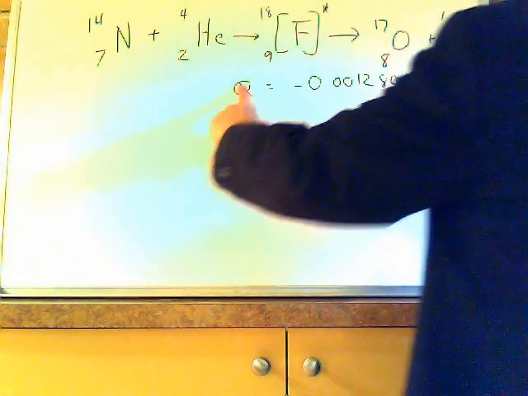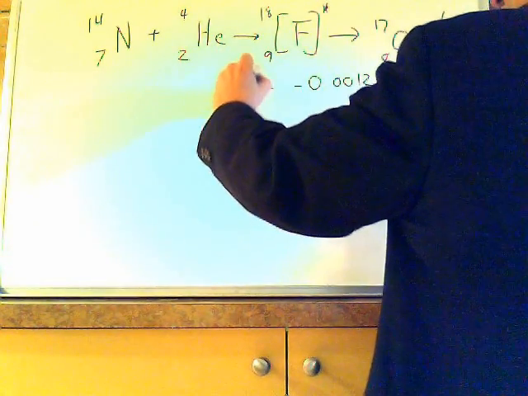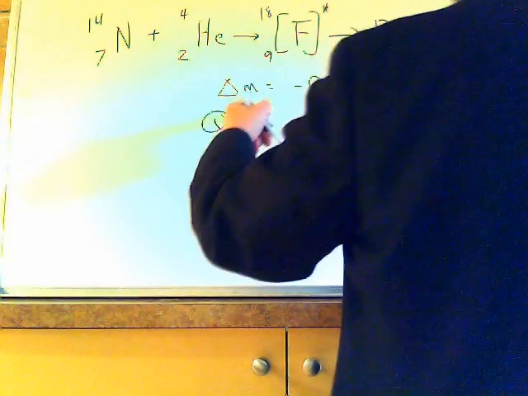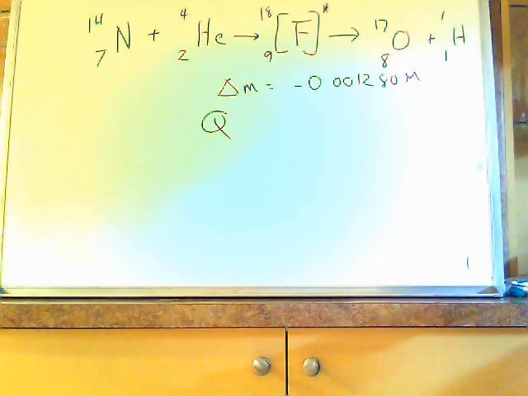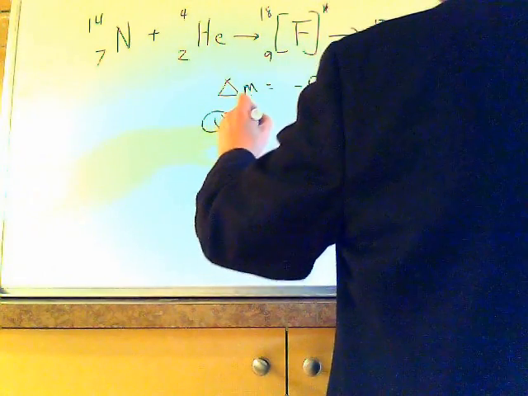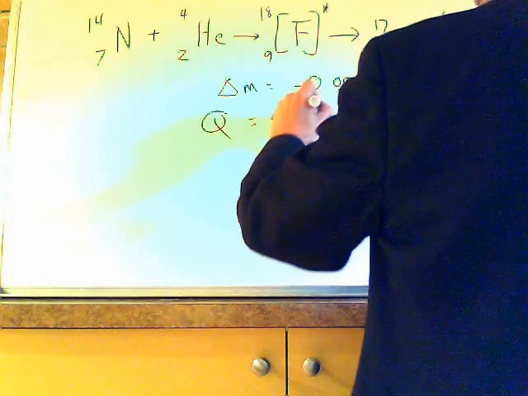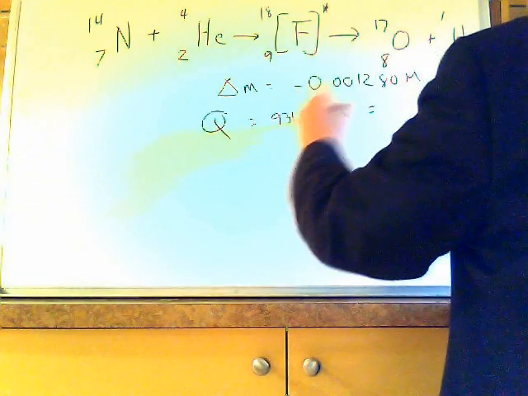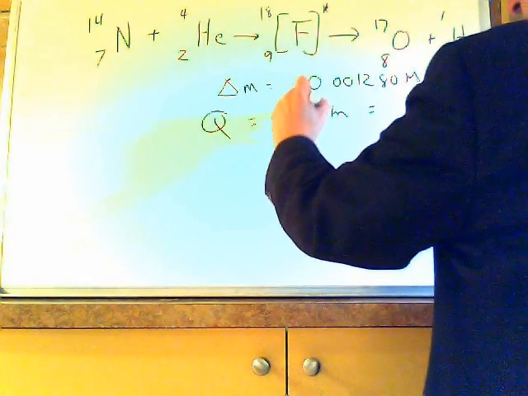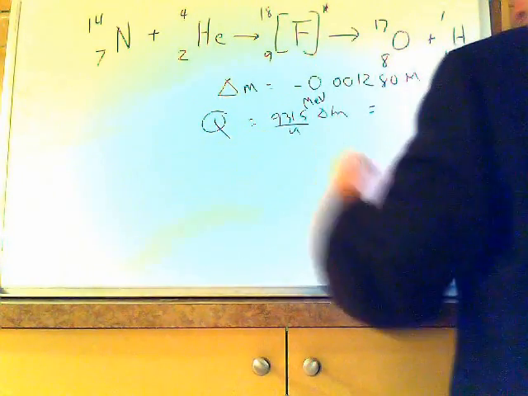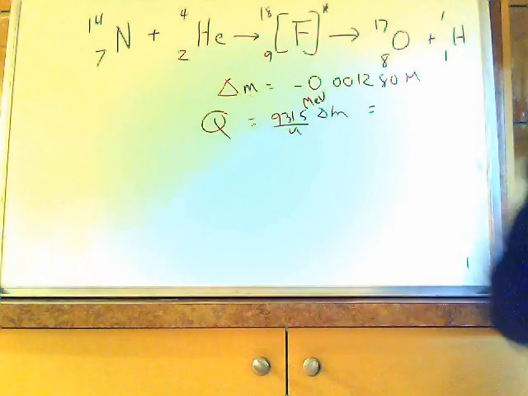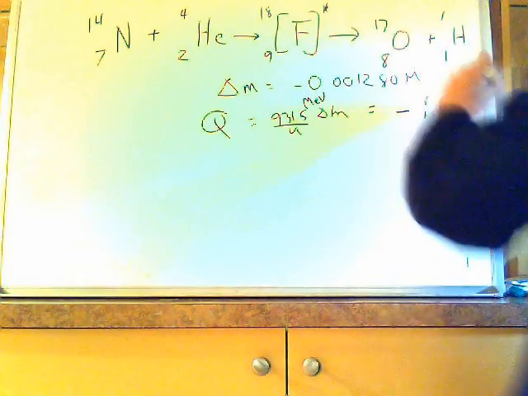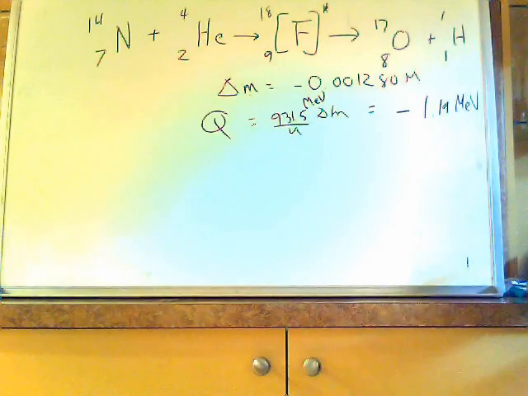Not the Q, but the mass difference, I'm sorry, the delta M. And then if we convert that into Q, we take delta M and multiply it by 931.5, which is in MeV, million electron volts per atomic mass unit, and that gives us a value for Q of minus 1.19 million electron volts. So that is an endergonic reaction.